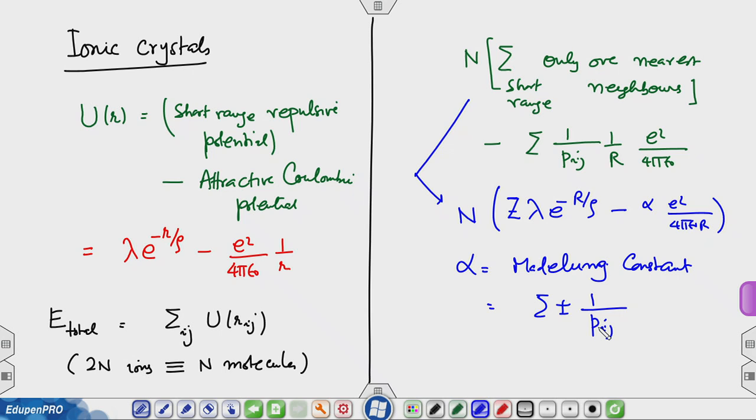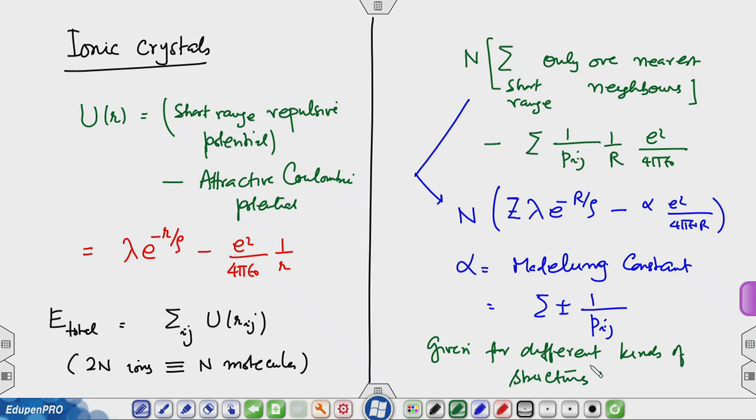Again, it is given of course by calculation for different kinds of structures.